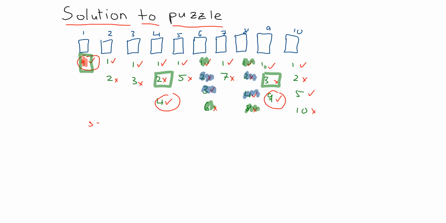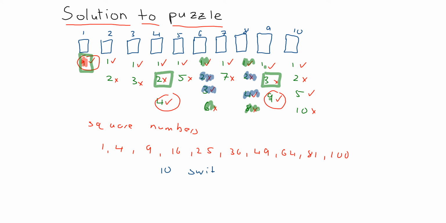So we know that the square numbers are on, and we also know the square numbers are 1, 4, 9, 16, 25, 36, 49, 64, 81, and 100. And of course that means in the end there are 10 switches on. So there you go. That's the answer to that puzzle.